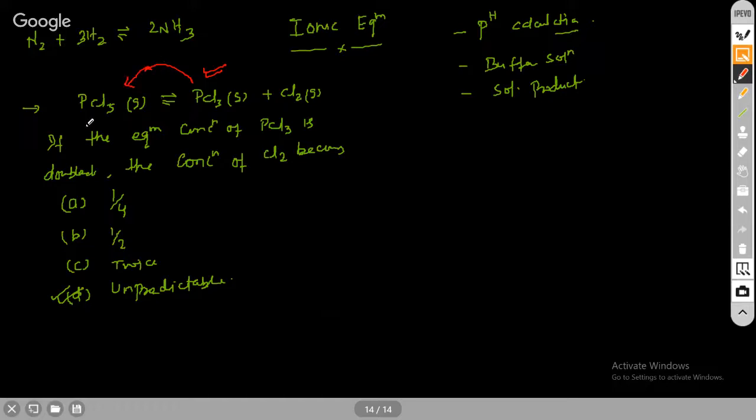That is the only thing we can say. What effect takes place on the concentration of Cl2, we cannot say. It may be anything, because when the reaction goes this side, some forward reaction will also be there. According to Le Chatelier's principle, the reaction will go in the backward direction. The answer will be unpredictable.